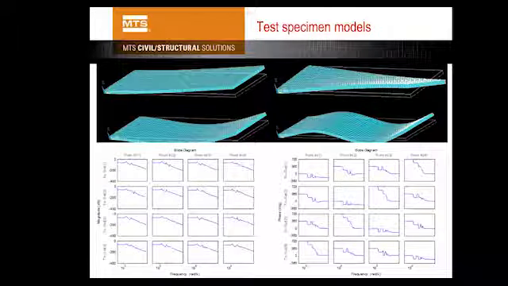So, controller, actuator, and then the test specimen. In order to accurately simulate a real test, you also need to model the test specimen. And we have a couple of different techniques to do that. Dr. Shawn Gao mentioned it earlier in his presentation.